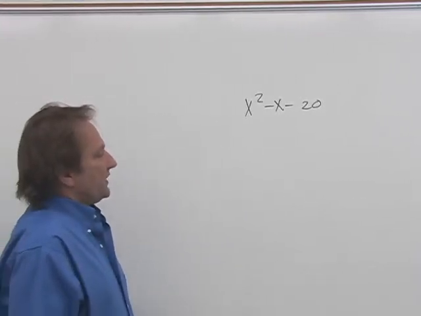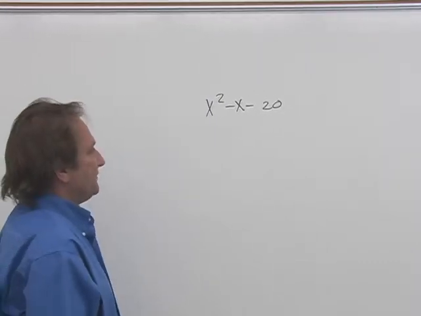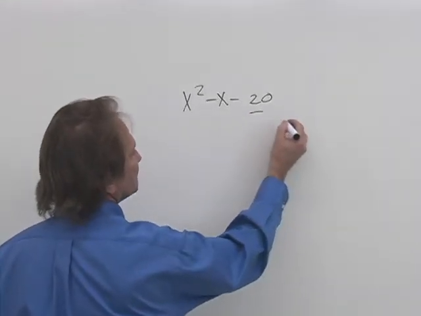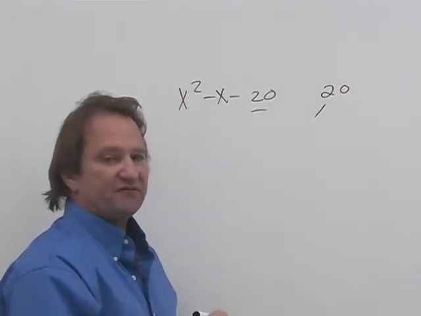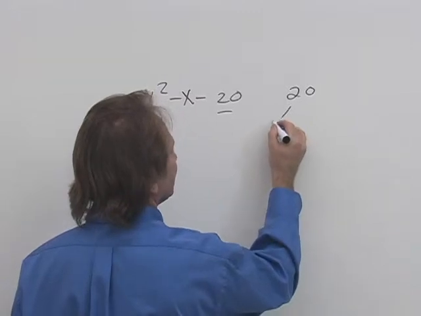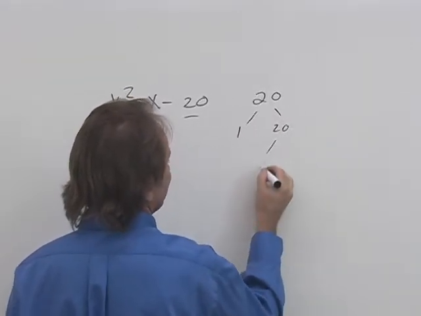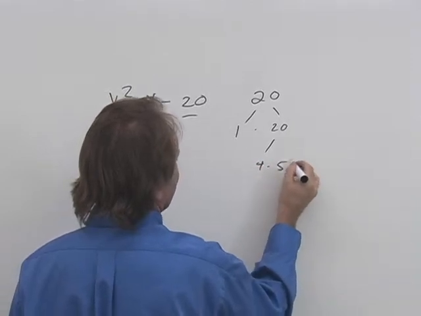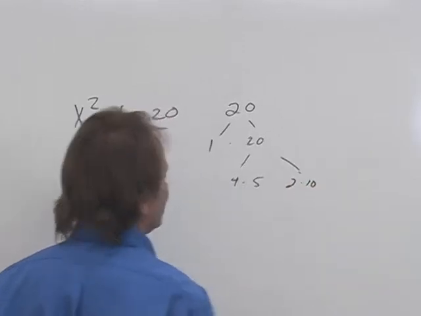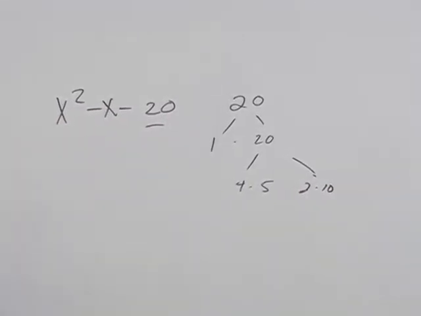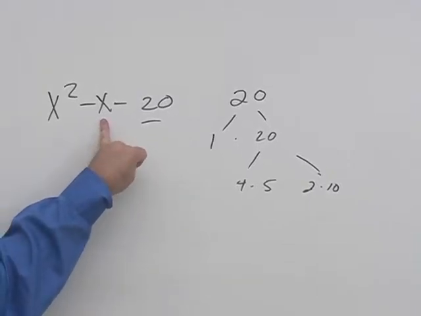So the traditional way to factor a polynomial of this type is to take the constant term, 20, and to consider its factors. Well, it's got a factor of 1 times 20. Okay. It also has a factor of 4 times 5, 2 times 10, etc. And we want to consider the factors that would combine to a negative 1.